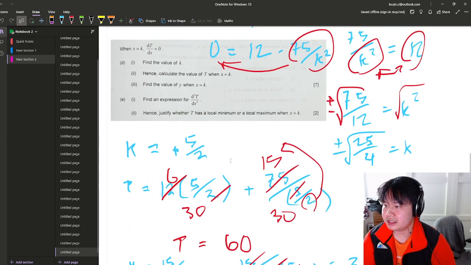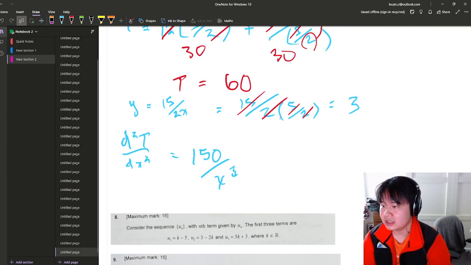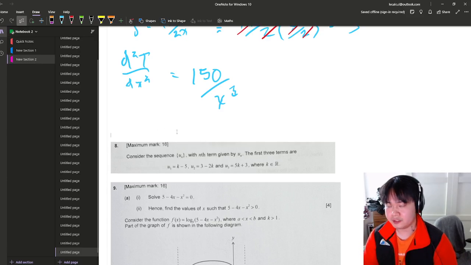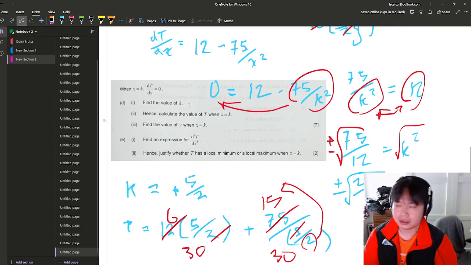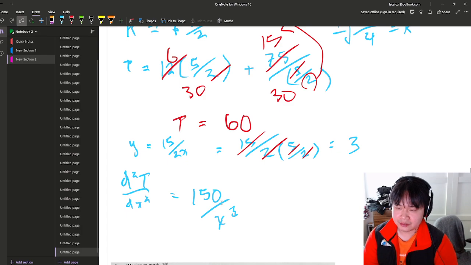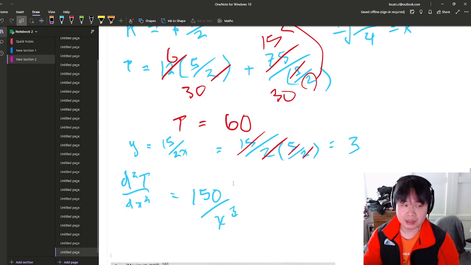Okay, and then hence justify whether t has a local minimum or a local maximum when x equals k. Okay. So there's a few ways that you can do this. You can actually physically calculate it. We're going to use the second derivative test. If the second derivative is positive, where we have a critical point, so the critical point is an x value where the first derivative is 0, then if the second derivative is positive, that means that it's concave up, so your critical point is a minimum.